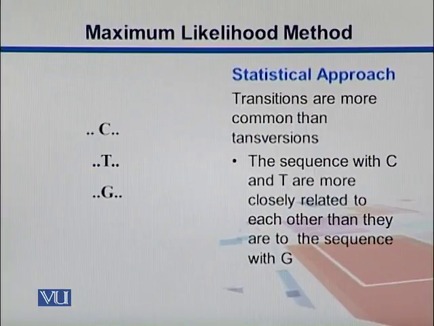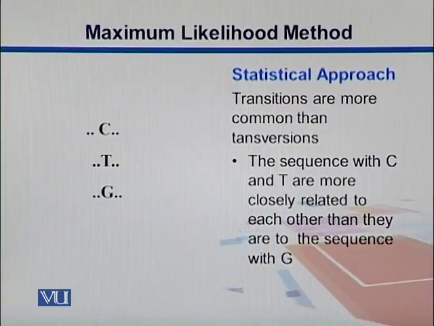In this example, you are taking each individual position. You are not taking the whole column, so you are aligning C with T, then C with G, and in the same way T with G. In this case, you can look into which one is the most likely.